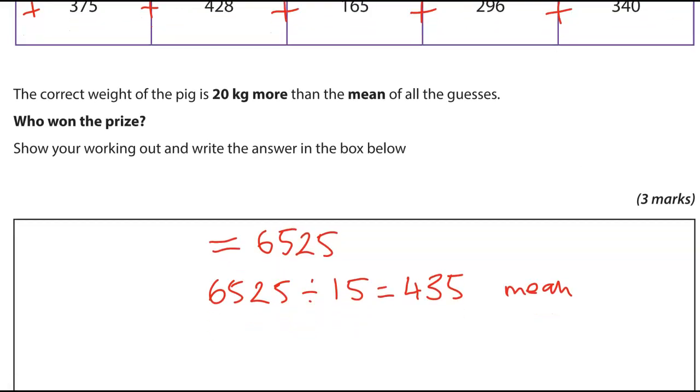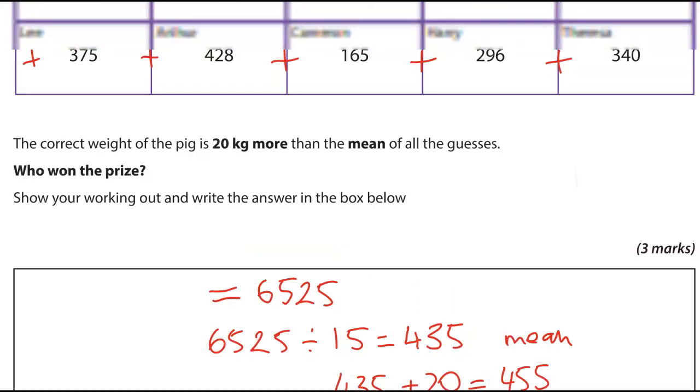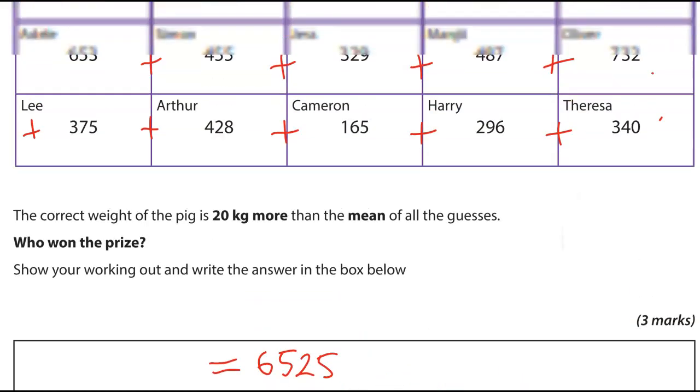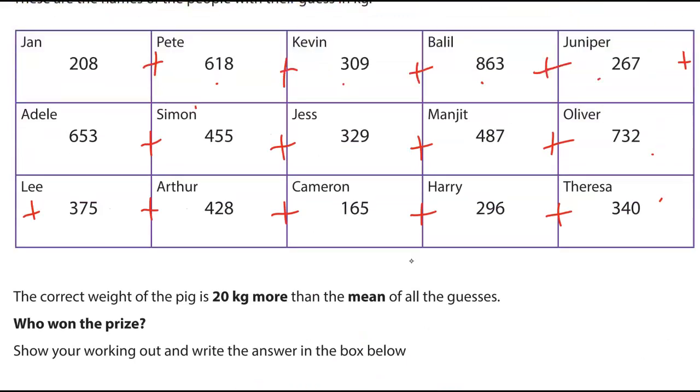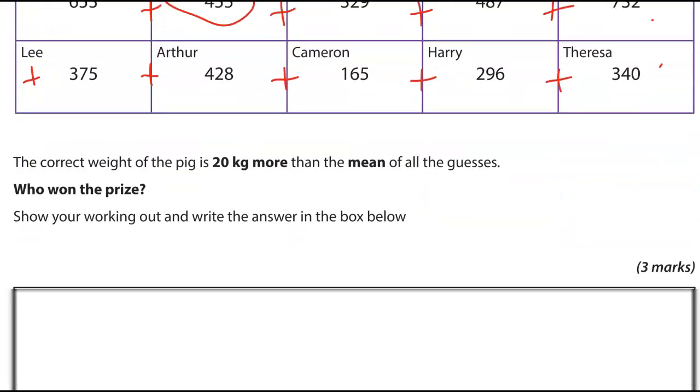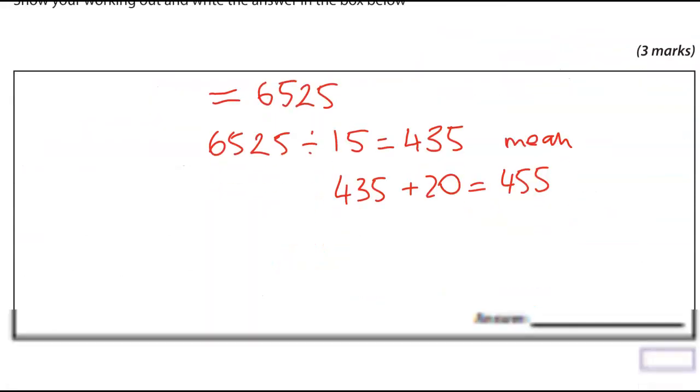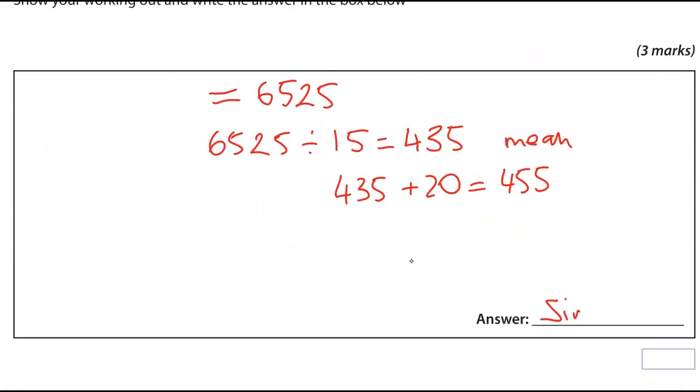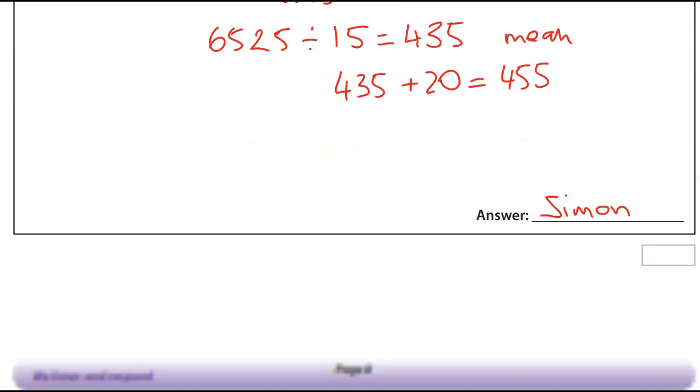So mean is 435. If we add 20 to that, it's going to be 455. Who guessed 455? That is Simon. So Simon won the prize.